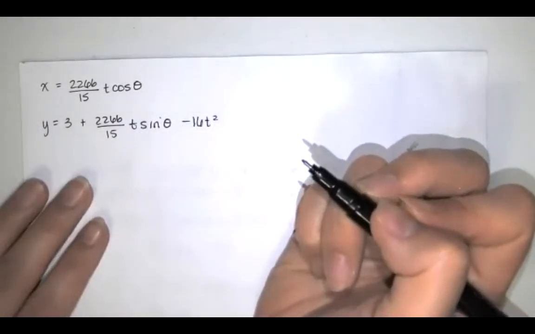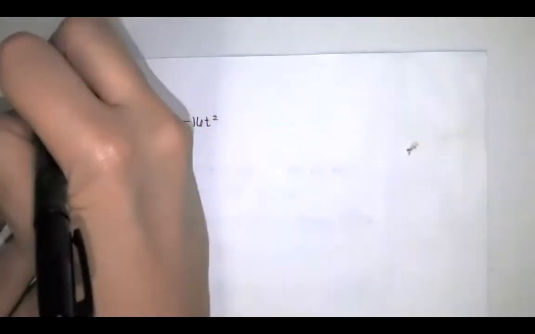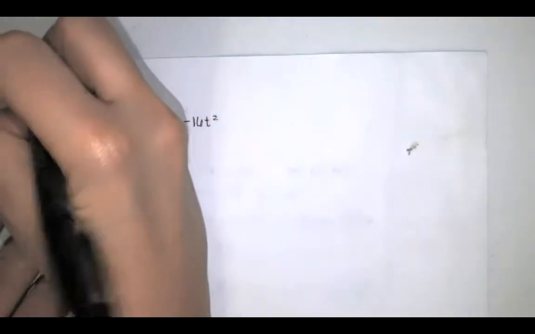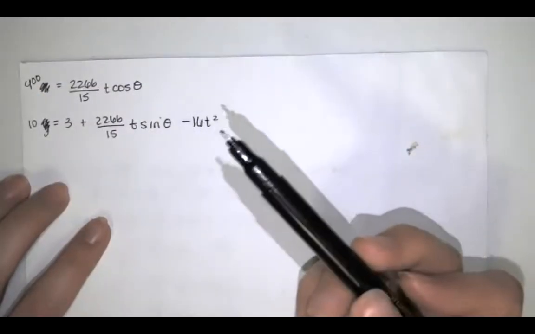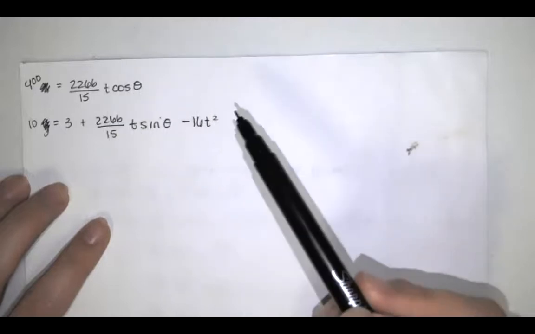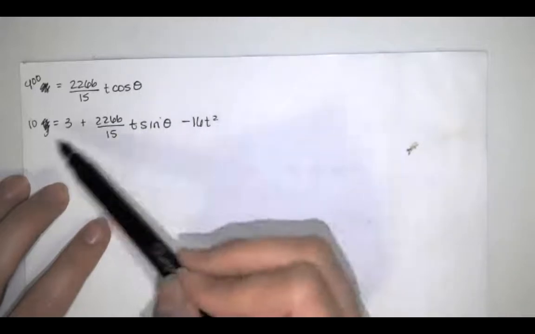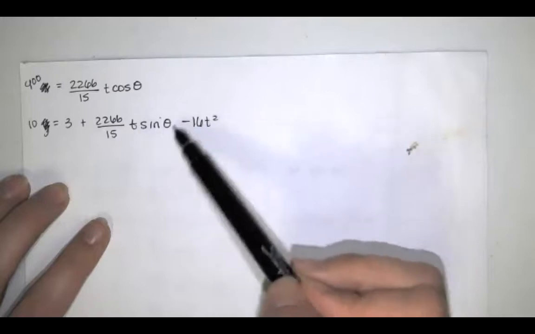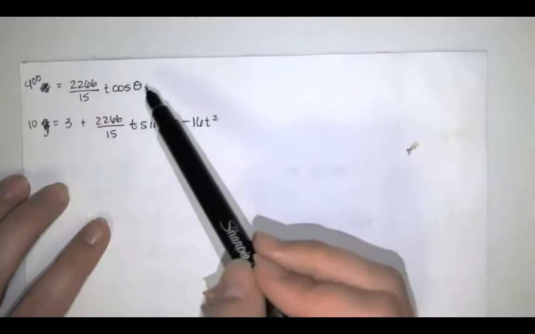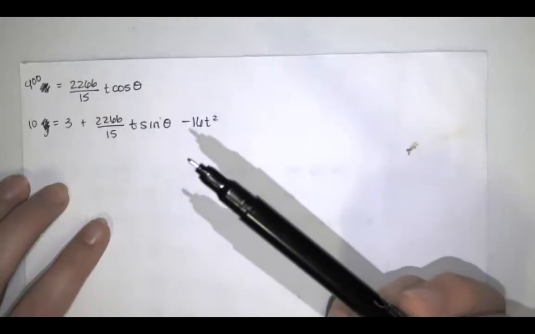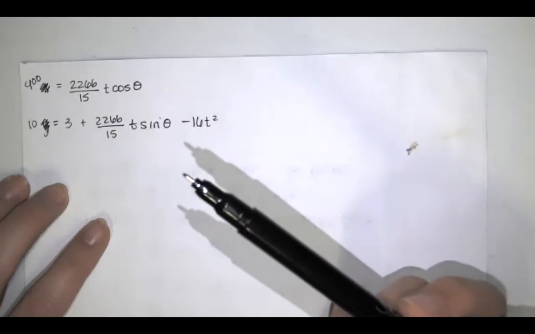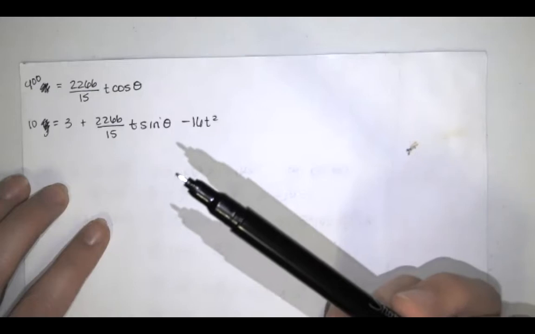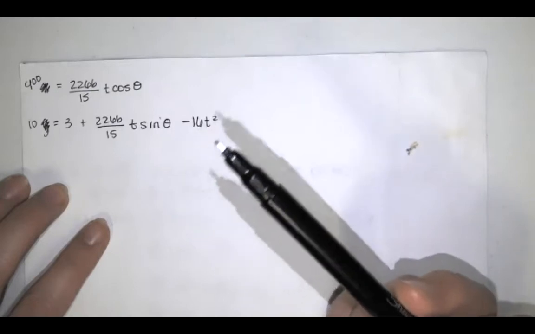Now this is somewhat complicated, because even if x is equal to 400 and we force y to equal 10, we've still got these two equations and two unknowns, but the equations are unusual. I mean, this kind of looks like a polynomial in t, but it's got this trig function, and this has a trig function as well. So what I'd like to do is write this entirely in terms of theta and then solve the corresponding equation for theta.